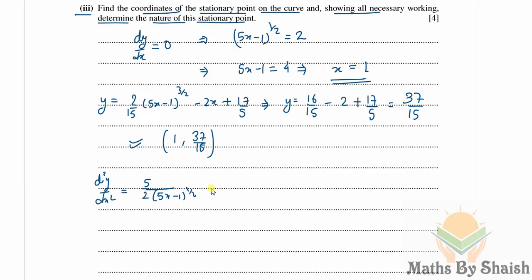So when we put x equal to 1 in this, we will get 5 over 2 times root of 5 minus 1, that is 4, root is 2, so it is going to be 5 over 4, which is greater than 0, hence the stationary point is minimum.